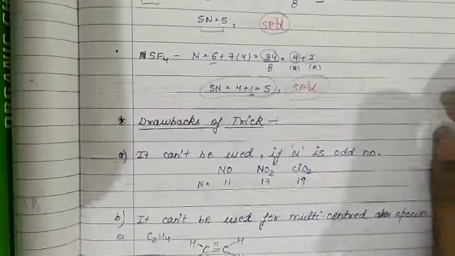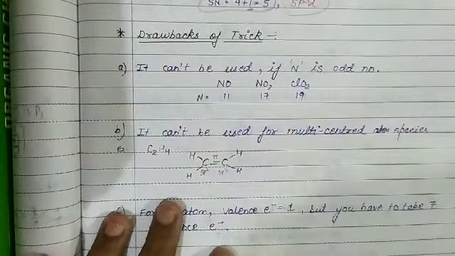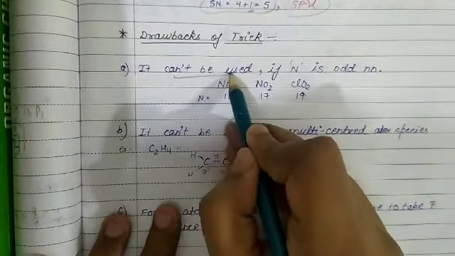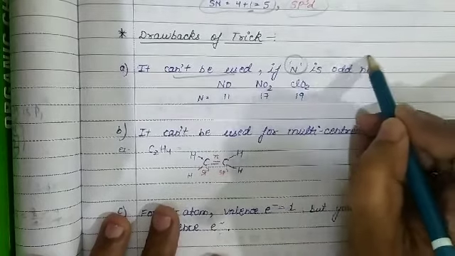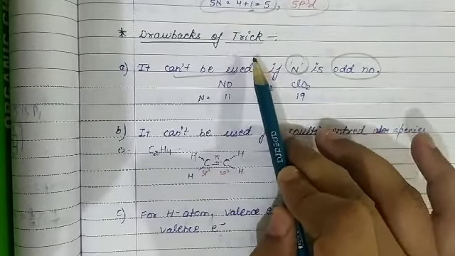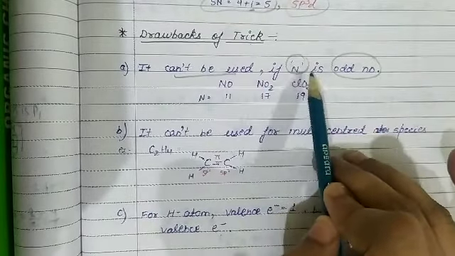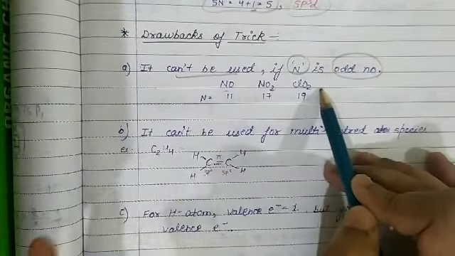See, the drawbacks of this trick. Basically, the drawbacks are: this trick cannot be used if the number of valence electrons comes out to be an odd number. This trick is valid only when the number of valence electrons comes out to be an even number, not for odd numbers. For example, NO, NO2 and ClO2.